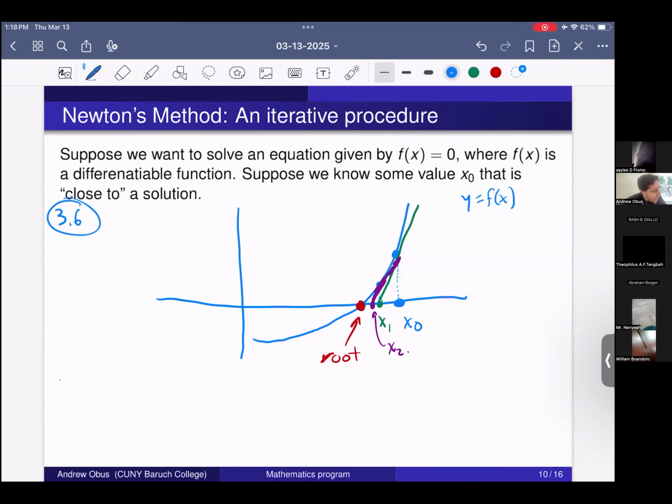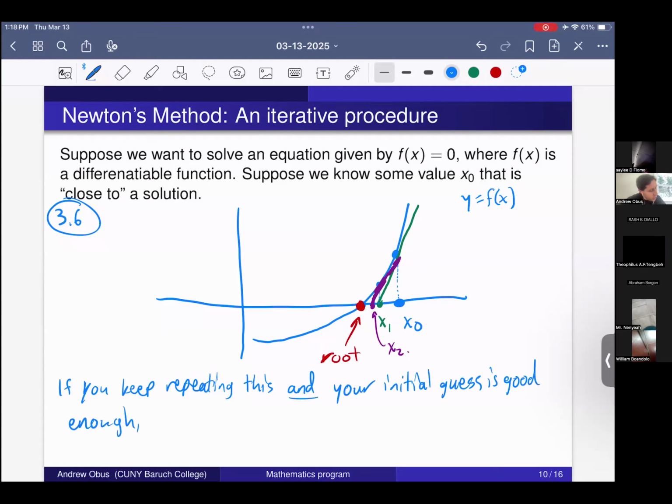And the method is that if you keep repeating this and your initial guess is good enough, you will converge to a solution to f of x equals 0.